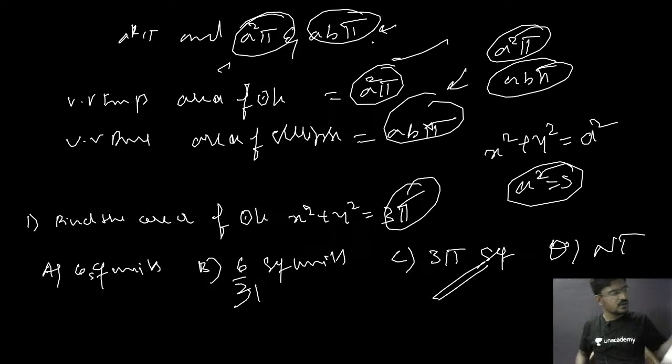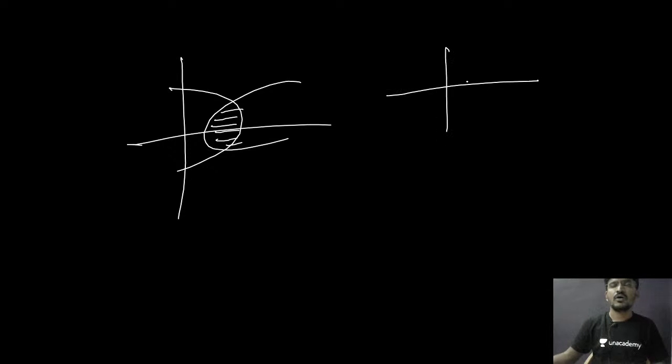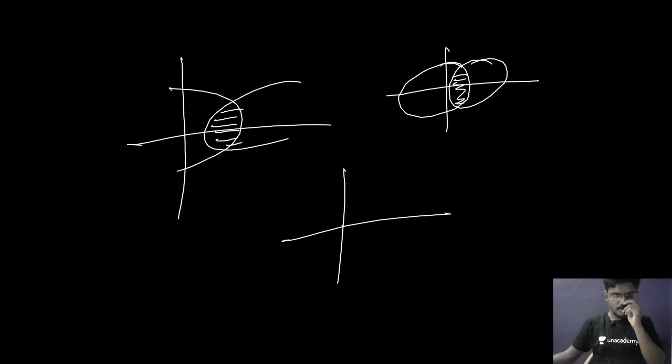In the next session I am going to solve area bounded between the lines, area bounded between the curves. We shall see problems bounded between two curves like this, or two circles, and we can also solve area bounded by the triangle.